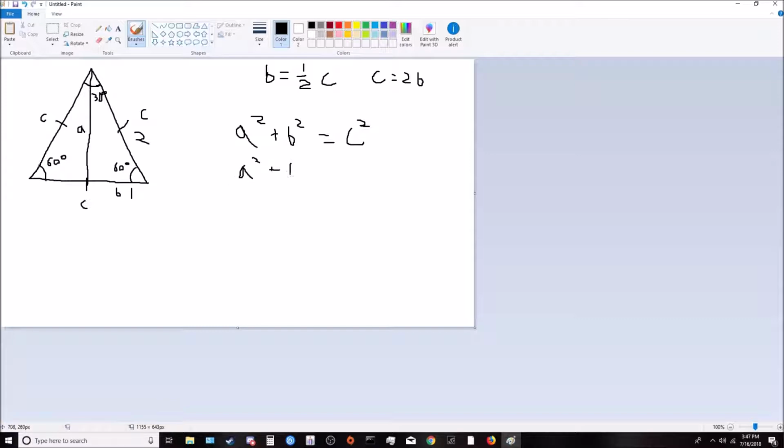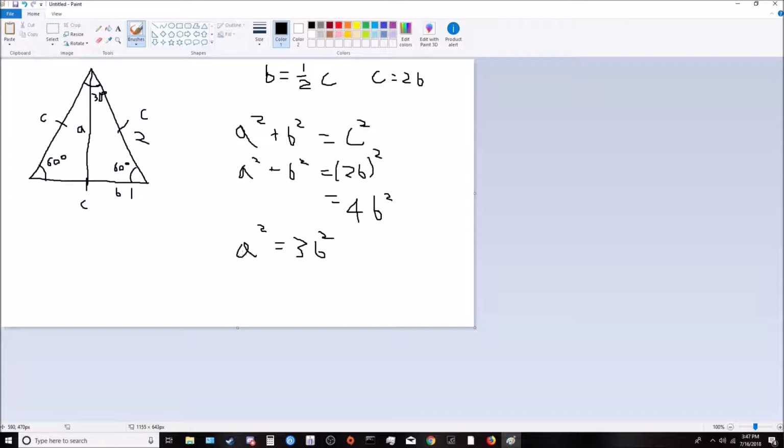So you get a squared plus b squared equals (2b) squared. If you evaluate that out, that becomes 4b squared, since the power is distributed. Now if you subtract b squared from both sides to isolate a, you end up with a squared equals 3b squared.